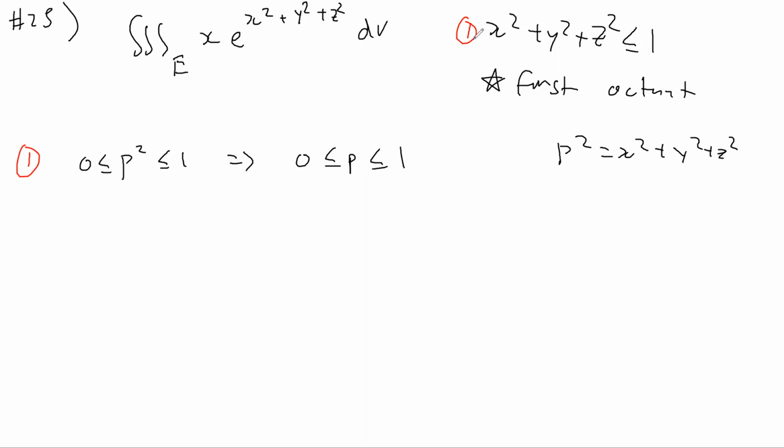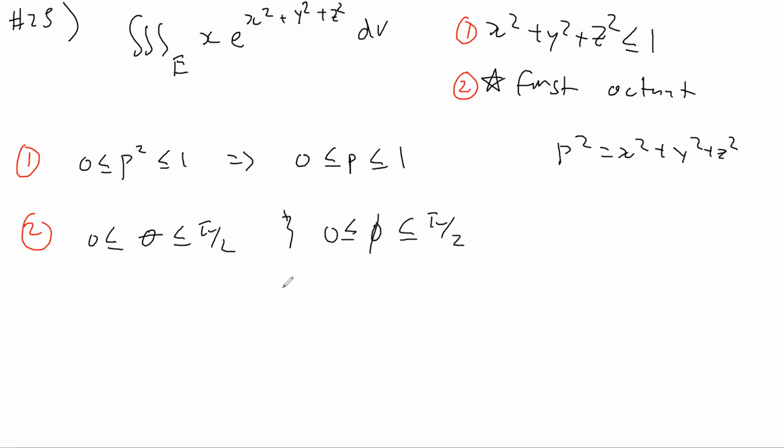And then the second part of this question is the first octant. The first octant specifies that theta is constrained from 0 to pi over 2, and phi is constrained between 0 and pi over 2.